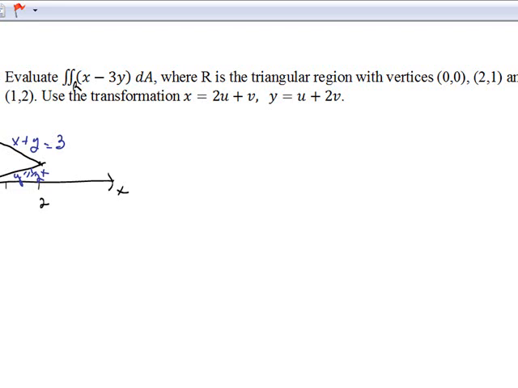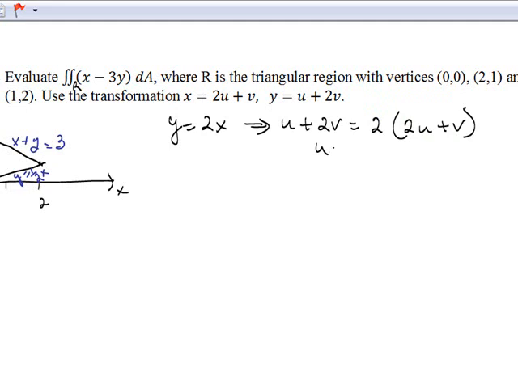Now let's transform it. Okay? So take these lines and substitute your u and v equations into there. So y equals 2x becomes u plus 2v equals 2 times (2u plus v).